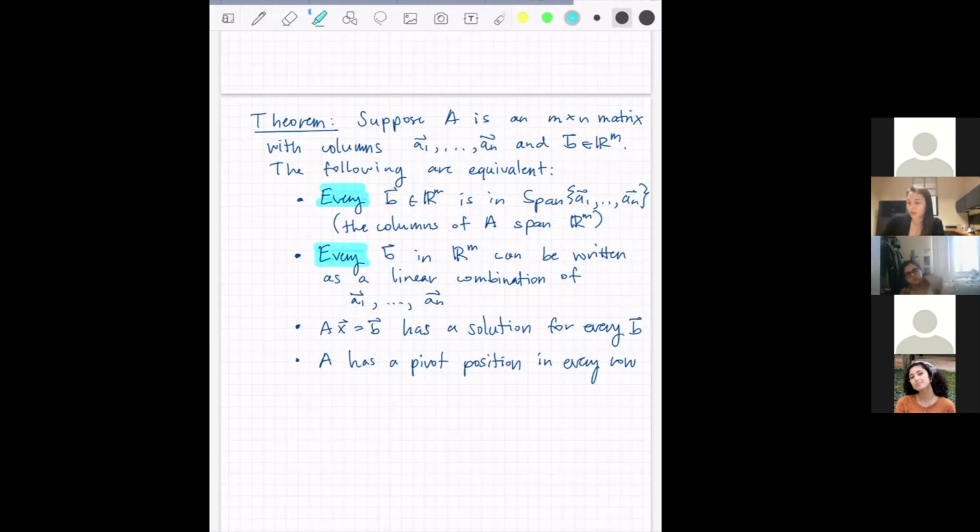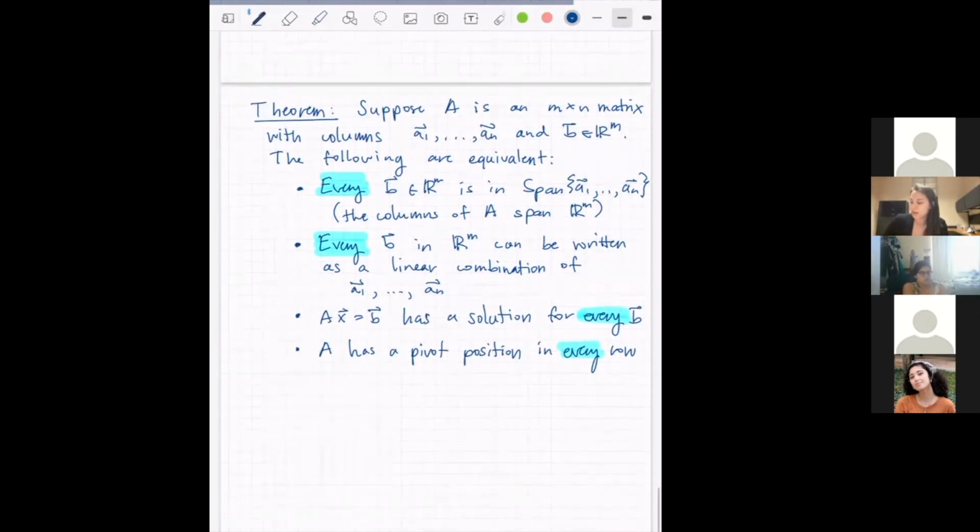This matrix equation has a solution for every B, and A has a pivot position in every row. Just to emphasize that.